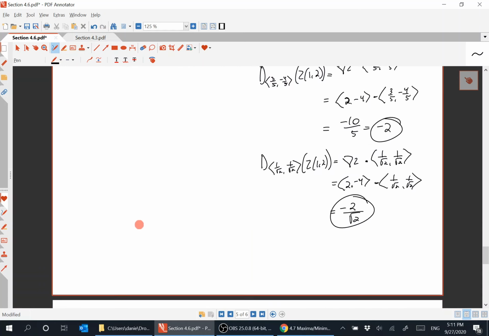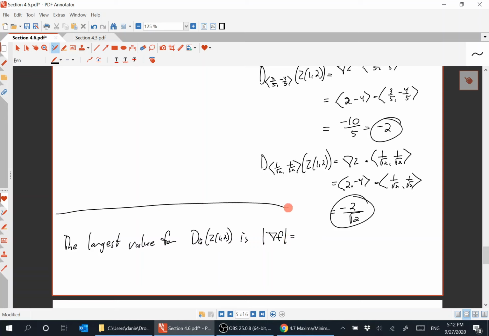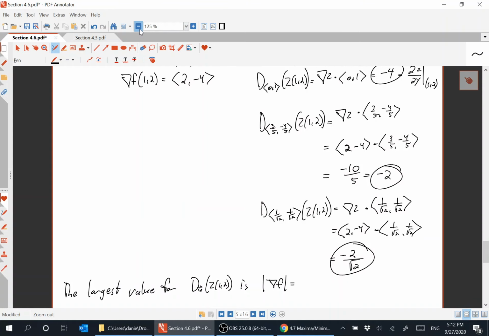So here, the largest possible value for the directional derivative is just the length of the gradient f. Let's see.